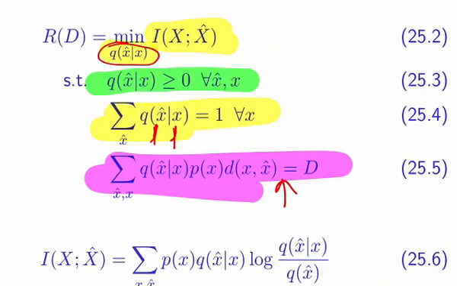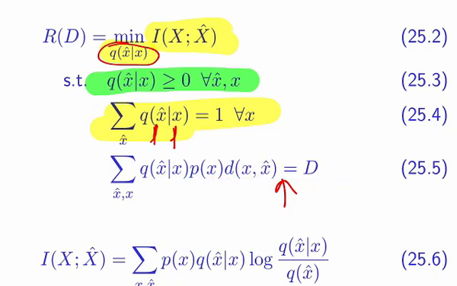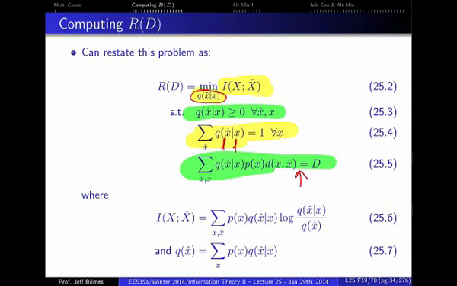Let's use a different color. Maybe let's use green again. And then lastly, we have this definition of the mutual information, which of course is just this. This is the mutual information according to the current distribution that we're optimizing.